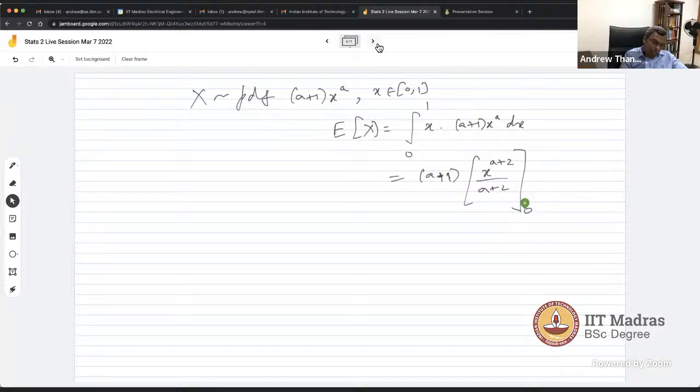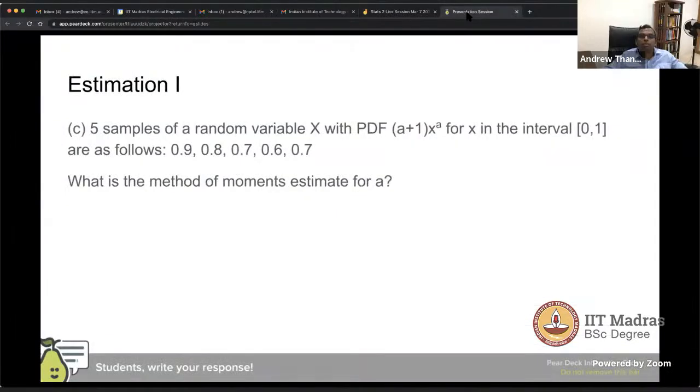That will just give you (a plus 1) by (a plus 2). And what am I going to equate this to? x bar, and what is x bar? 3.7 by 5.